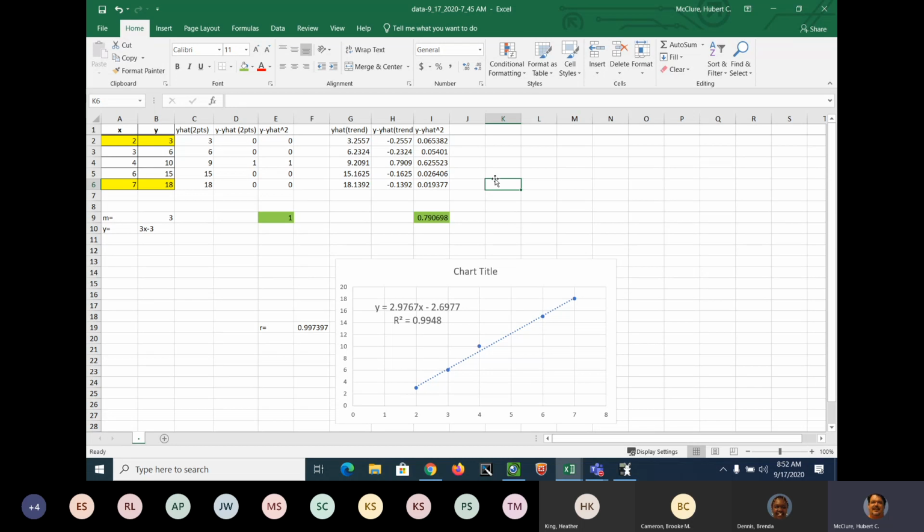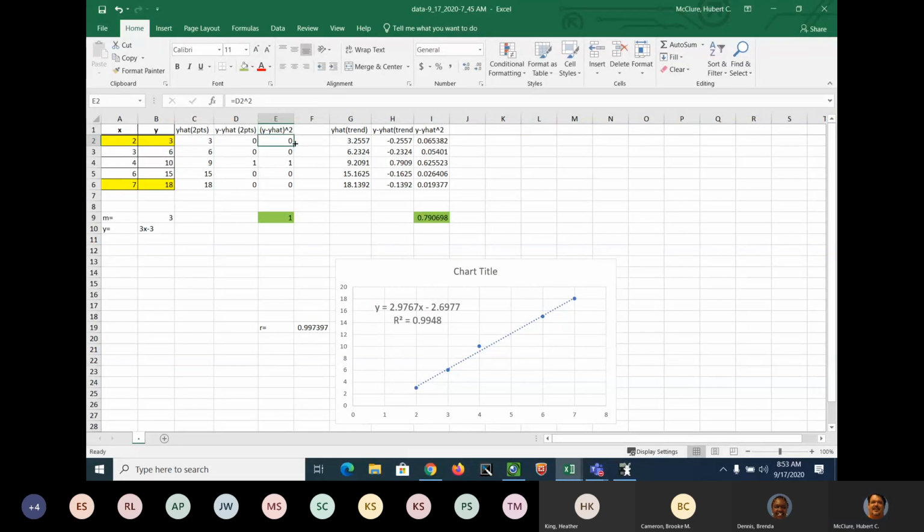Okay, now the easy part. What does the formula say? It says y minus y hat raised to the second power. And that's what you're going to do here. Y minus y hat, and you're going to raise it to the second power. Now I'm going to try to show you how to do this on your calculator also.